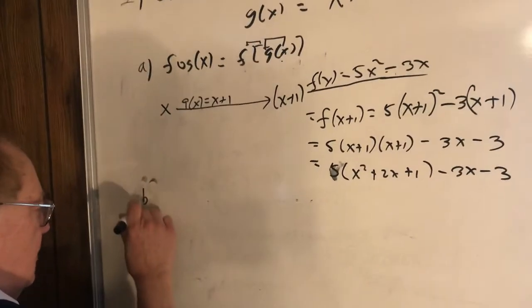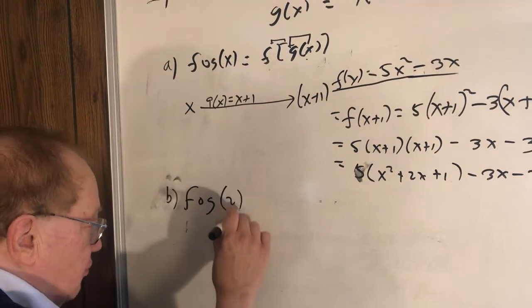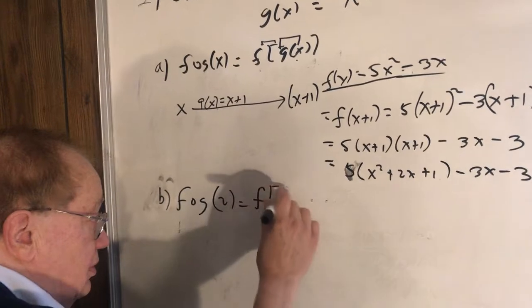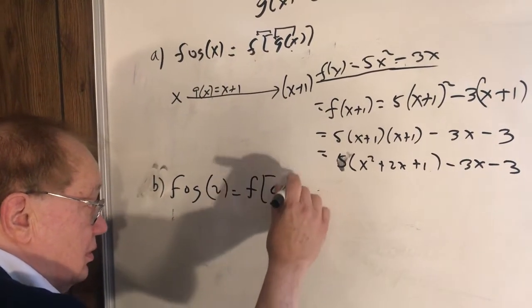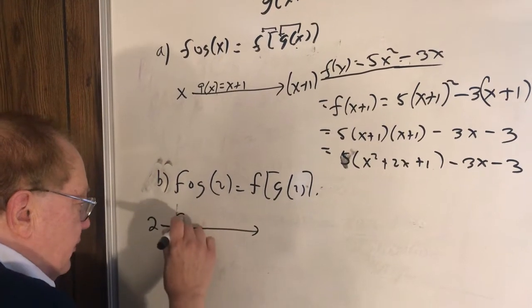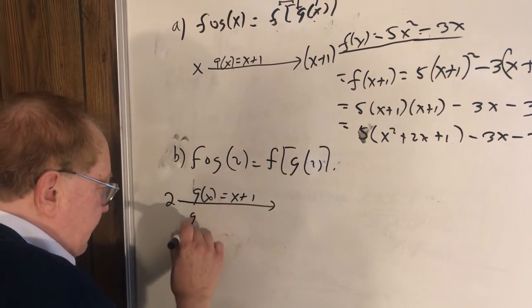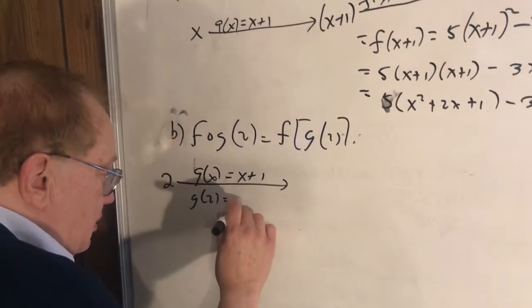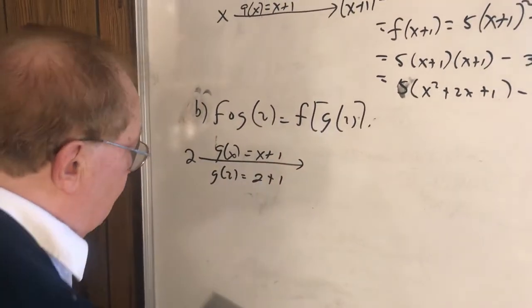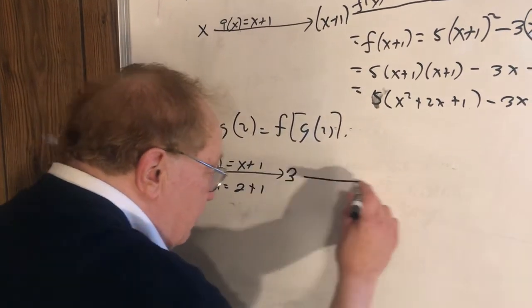Part B says find f of g of 2. So 2, put it through your g of x. So g of 2 is 2 plus 1. I put 2 where the x is, so my intermediate product is 3.